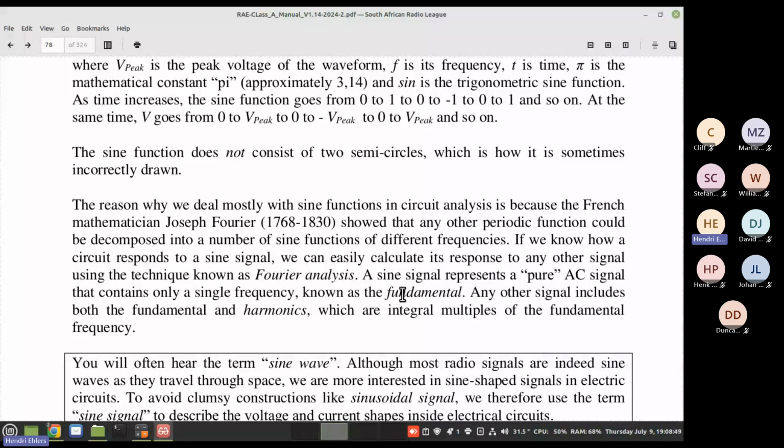If we know how a circuit responds to a sine signal, we can easily calculate its response to any other signal using the technique known as Fourier's analysis. A sine signal represents a pure AC signal that contains only a single frequency, known as the fundamental frequency.